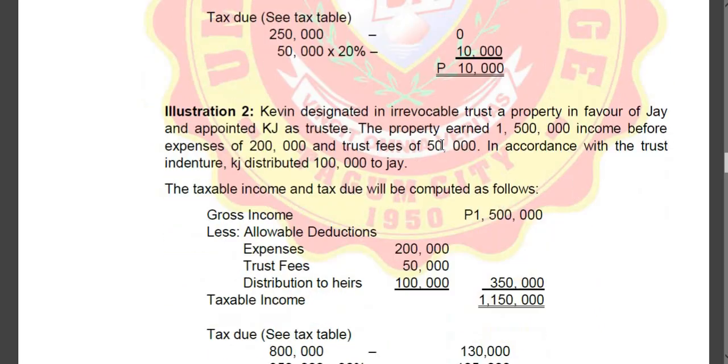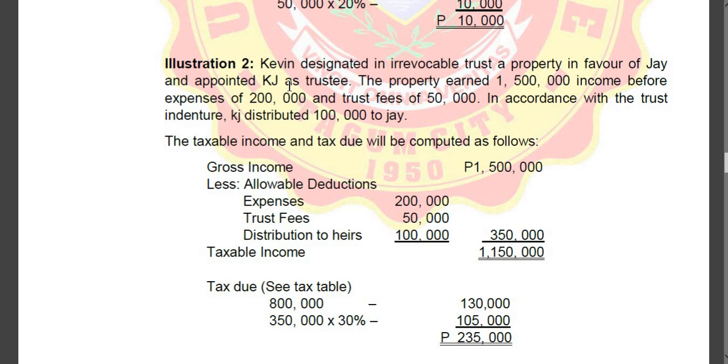Illustration number 2. Kevin designated, in an irrevocable, therefore taxable, trust, a property in favor of J and appointed KJ as trustee. So basically, si Kevin yung may property. Yung property niya, designate niya as irrevocable trust.